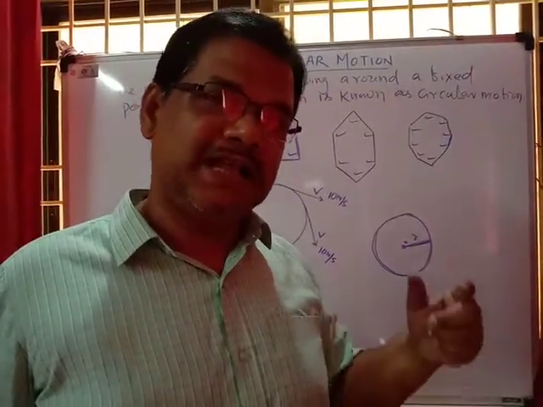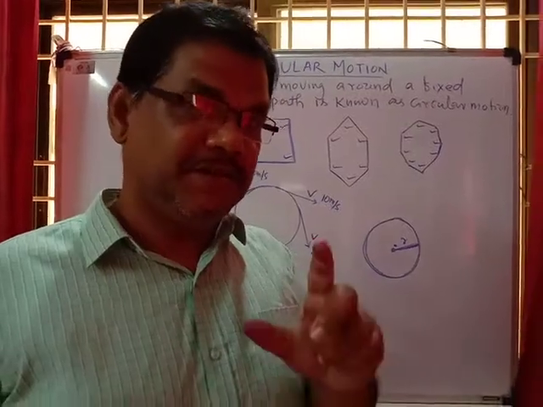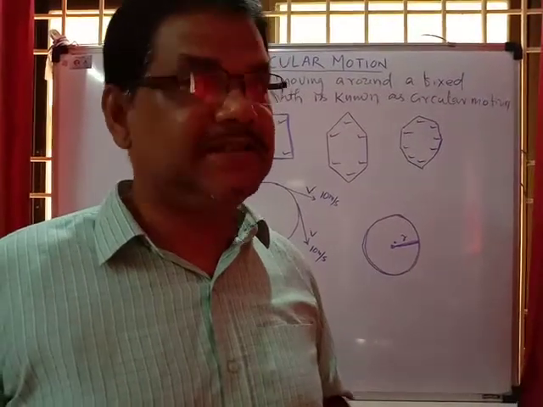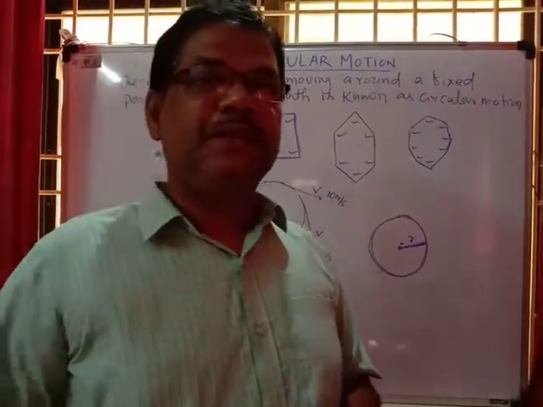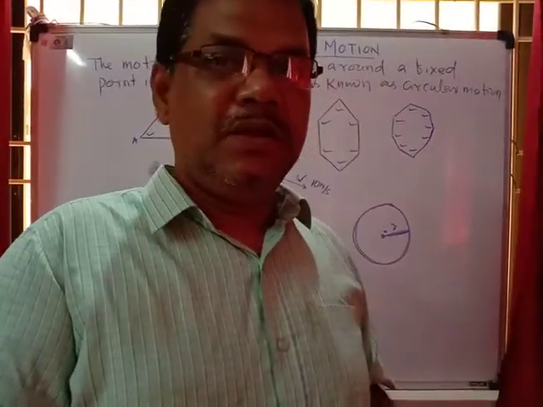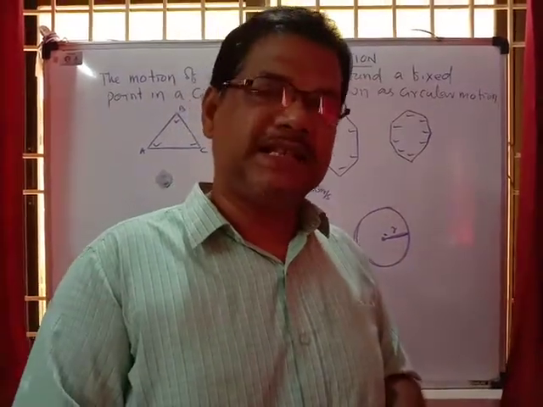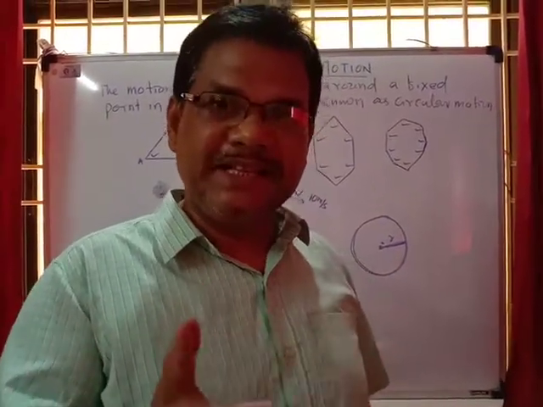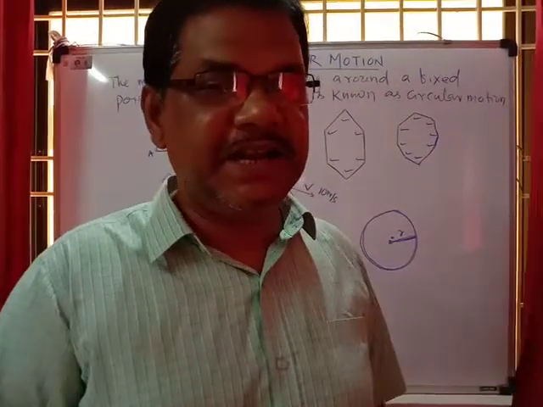It is accelerating because, although the magnitude of the speed is not changing, the direction at every instant is changing. If the object changes only its speed, its magnitude, then we say the object is accelerating. If the object only changes direction continuously, then also it is accelerating.